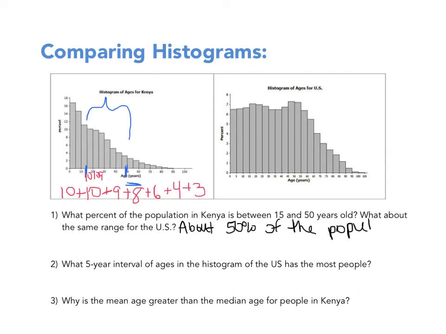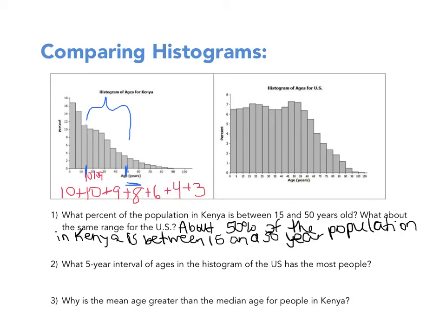They want you to write full sentences explaining yourself. There was one problem even that was just write an entire paragraph like an ELA exam. So we need to really prep ourselves with writing full sentences. So about 50% of the population in Kenya is between 15 and 50 years old.